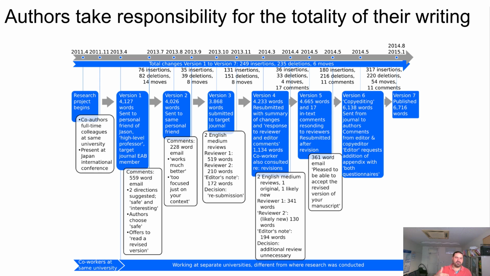And then it follows through a second round of review, and then after that, another decision on the paper, and then finally copy editing. I think the point that I want to make here is that that statement, authors take responsibility for the totality of their writing, when you look at the data in the way that I've laid it out here, you can see that that's not 100% true for this paper, and it wasn't true for all of the papers from my PhD thesis research.